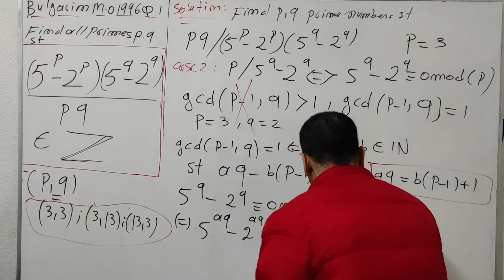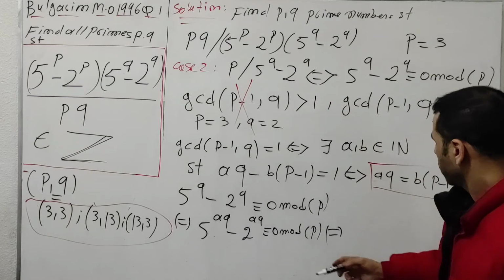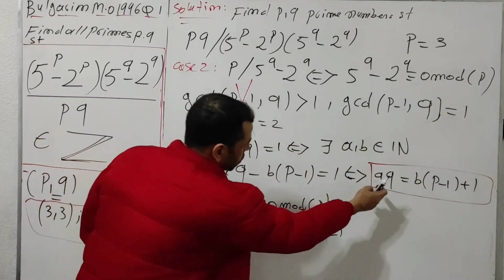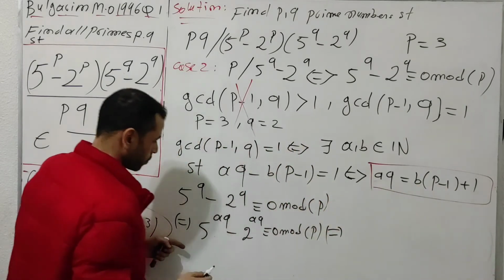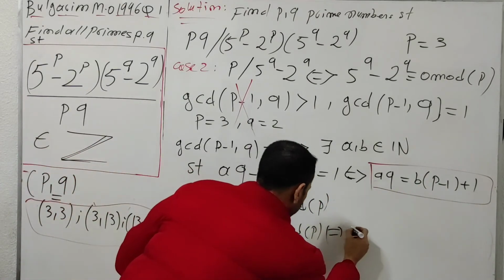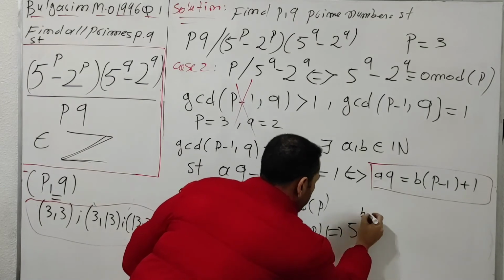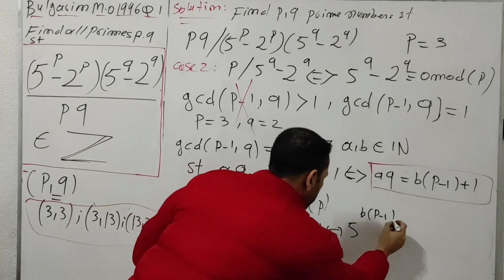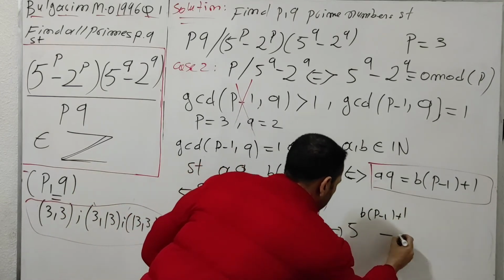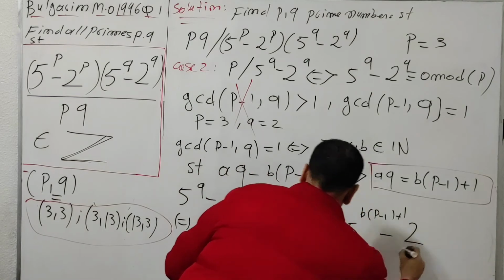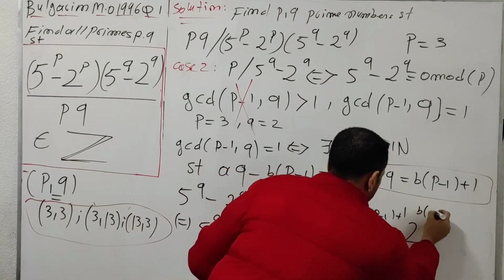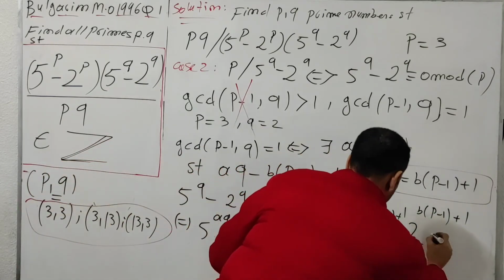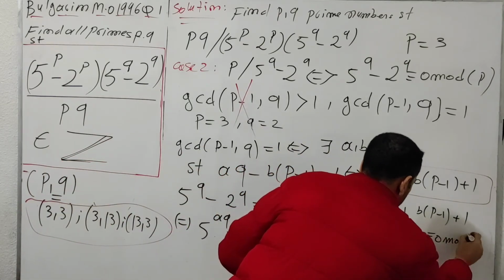Now I'm going to replace aq with this equation. I will have 5 to the b(p minus 1) plus 1, minus 2 to the b(p minus 1) plus 1, congruent to 0 mod p.